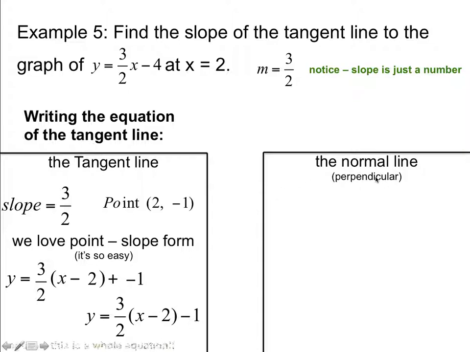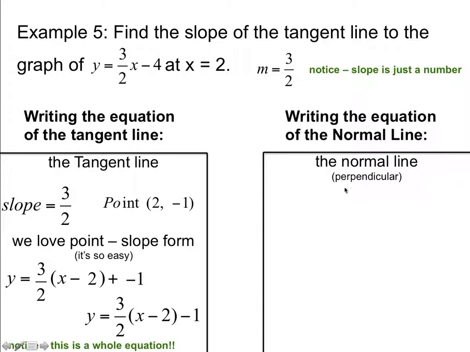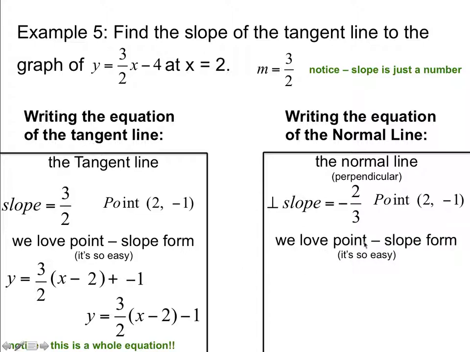Okay, let's talk about the normal line. The normal line means we need a perpendicular slope. If the slope is 3/2, then we need its opposite reciprocal, which is minus 2/3. That's the perpendicular slope. Same point. We love point-slope form, so we're going to grab the same form here.